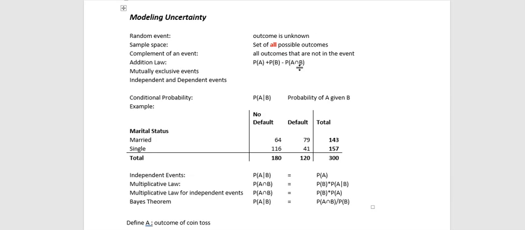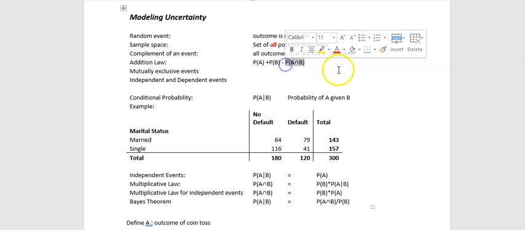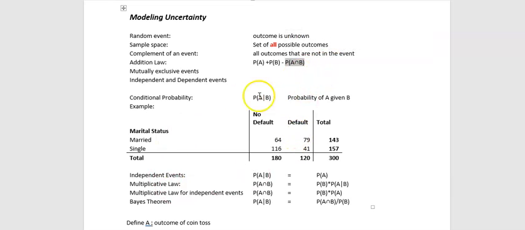What this means is that we're trying to avoid any double counting, so there could be outcomes which are common in both A and B. So by subtracting the probability of those common outcomes, which are denoted by this intersection of A and B, we are avoiding double counting. Let's take an example to understand what the addition law means.